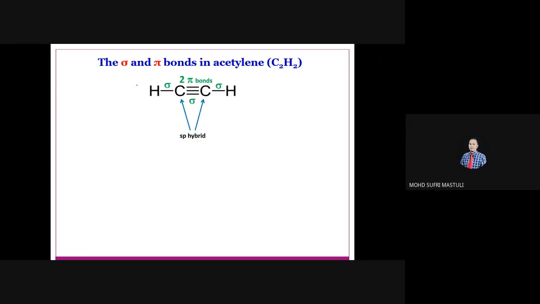Okay, we go to another example. Acetylene. How many sigma? 1, 2, 3. How many pi? 2 pi, because it's a triple bond. So what is the hybridization? Electron domain of 1 plus 1, that is 2, plus 0, so sp.